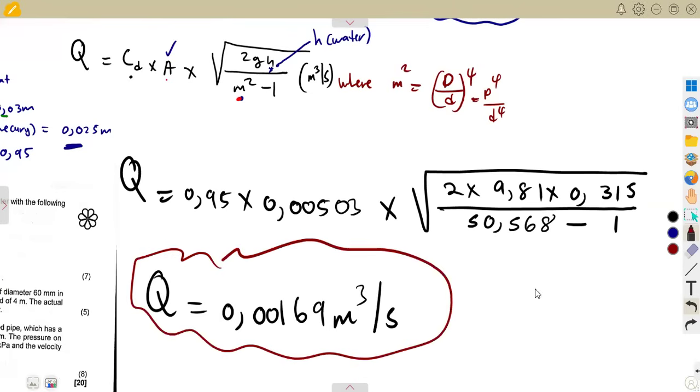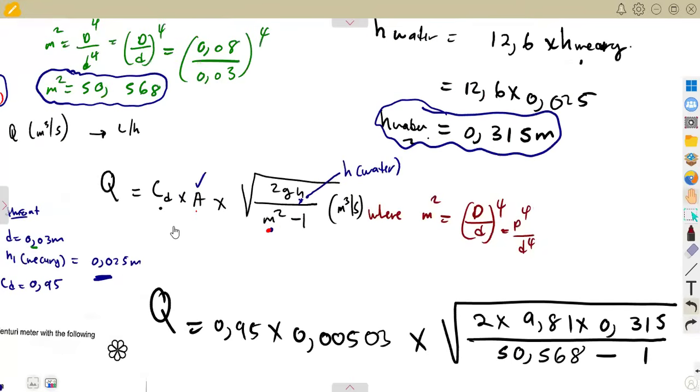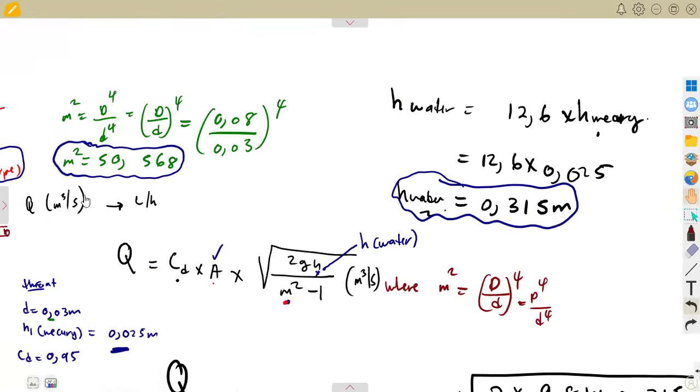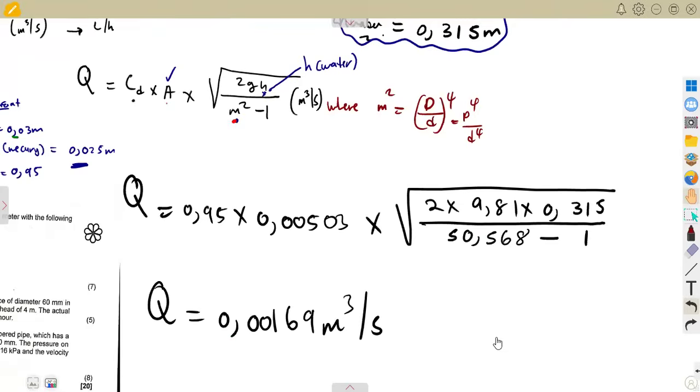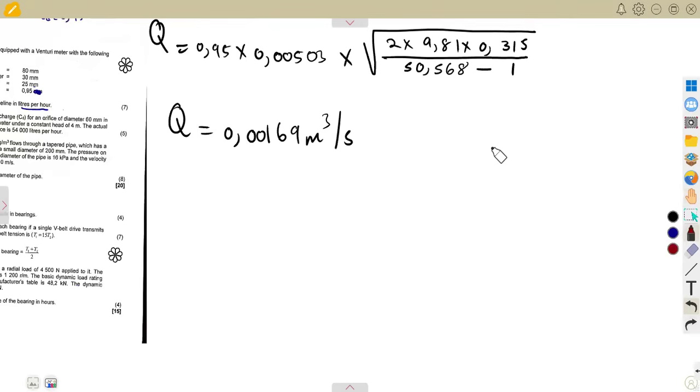Remember, the unit conversion part is important because they need you to have your answer not in cubic meters per second, but in liters per hour. All right, let's start with the cubic meters to liters. How do we convert the cubic meters to liters? Each cubic meter that we have is equivalent to 1,000 liters.